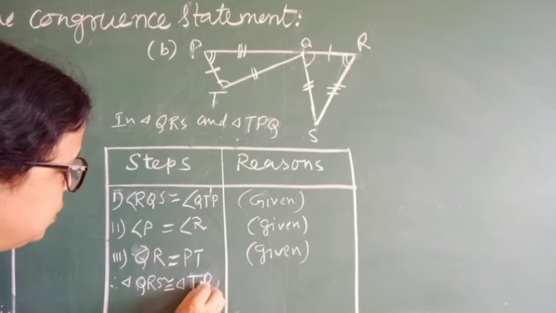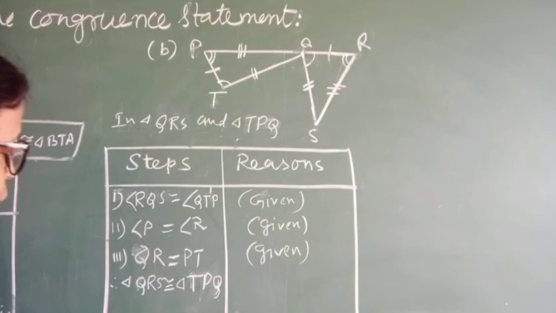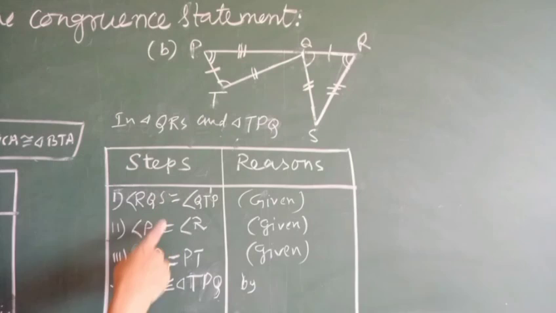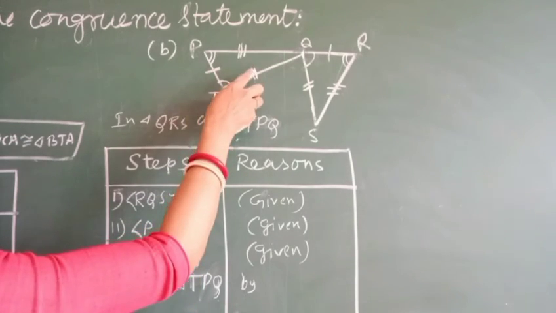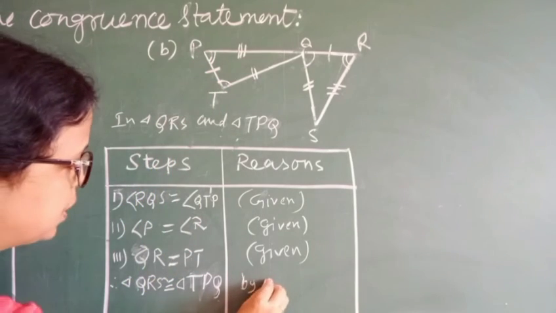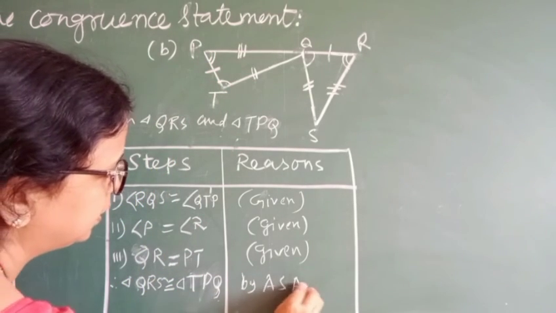Understood? By which criteria are we using here? Angle side angle. We have used the angle side angle criterion.